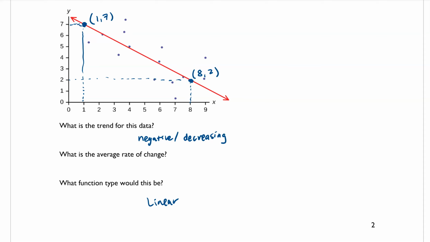And so if we were to similarly calculate the average rate of change like we did last time, I'm going to label my 2 ordered pairs with x1, y1 and x2, y2. And then my average rate of change will be equal to 2 minus 7 over 8 minus 1.